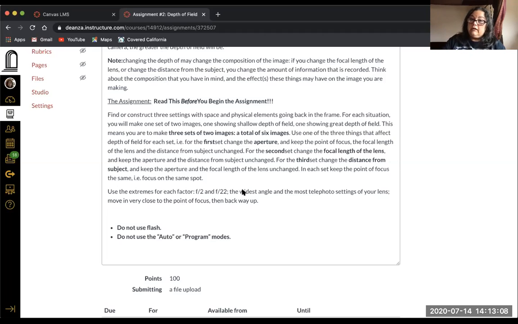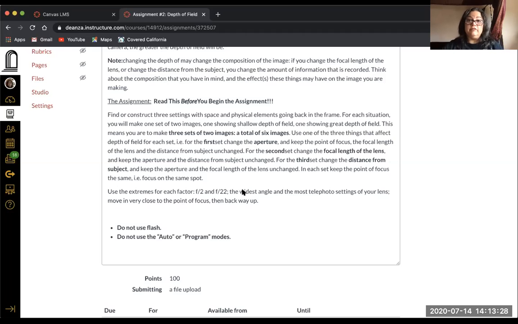When I do that, of course, I will have to change the shutter speed as well so that I expose correctly. Because if I stop down from f2 to f22, that's a difference of 8 stops. And so my image will be completely black if I don't change the shutter speed as well.